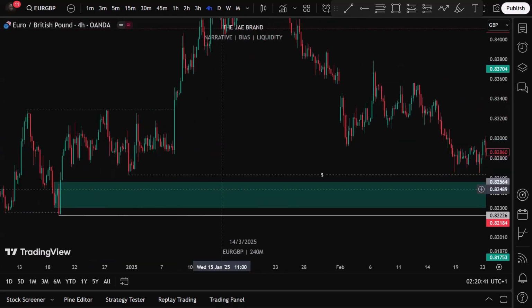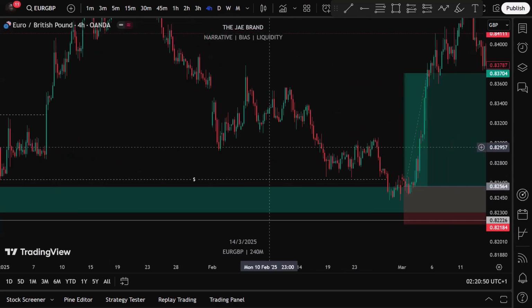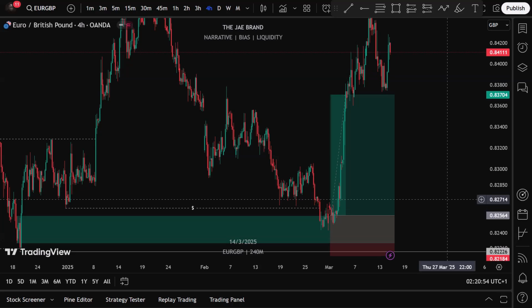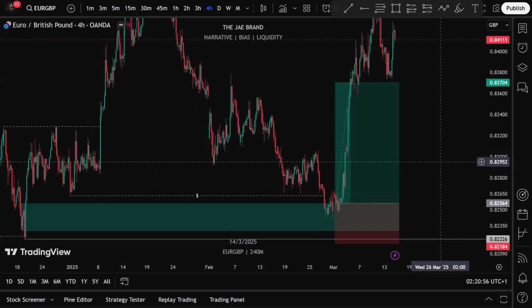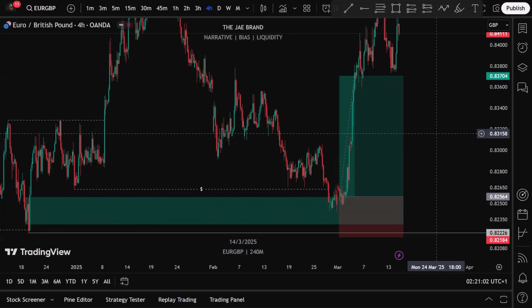So far it has not been mitigated, and there is a structural liquidity to validate this POI. Then you can go all in with confidence, but mind you, you have to always learn to stick to proper risk management, manage your risk carefully.